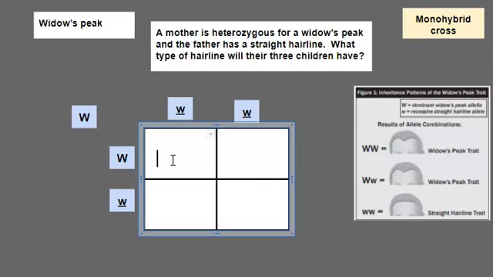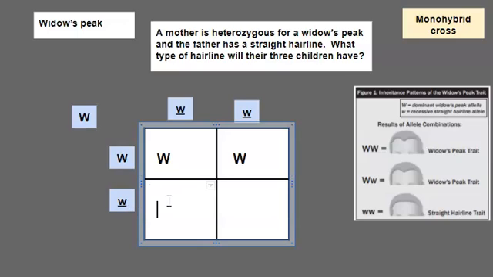So we know that mom's first allele is going to go over to this box, big W, and then that allele will also go over to the next box. And down here, mom's other allele is a lowercase w, so I'm going to underline that so I can tell it apart. And I'm going to copy that, because that allele will also travel over to my next box.